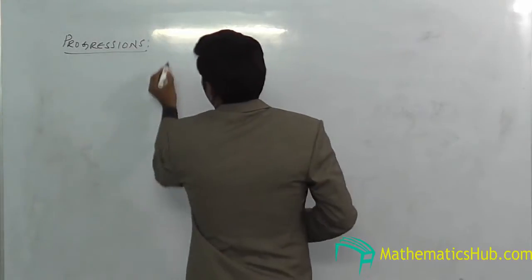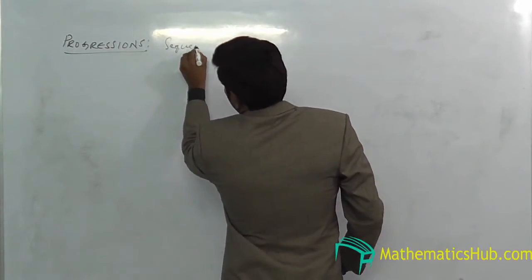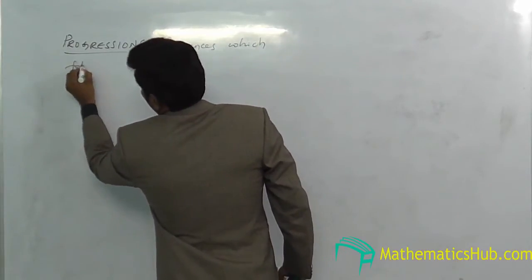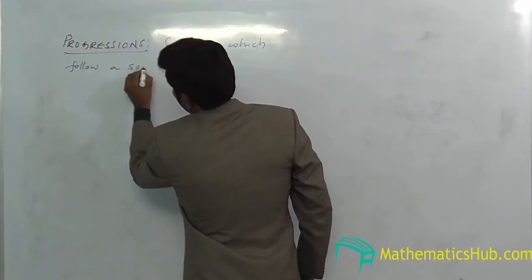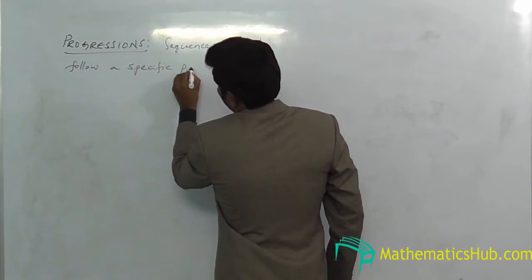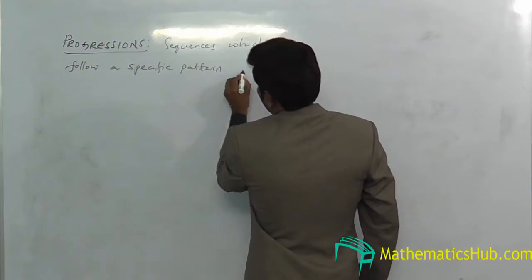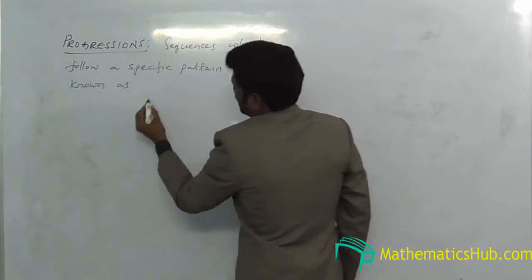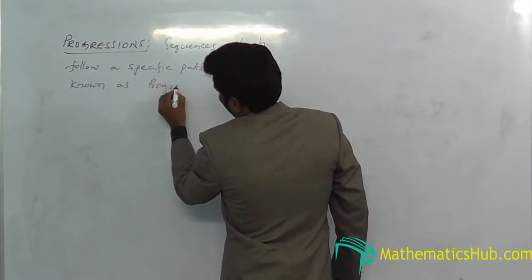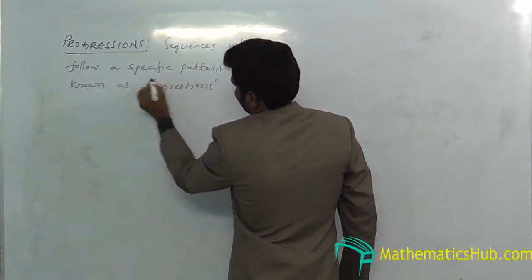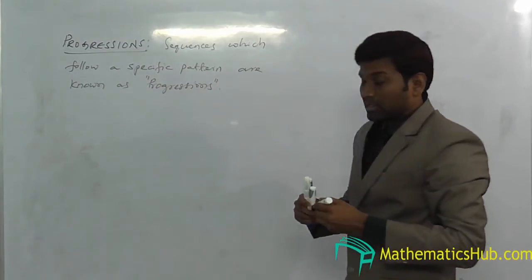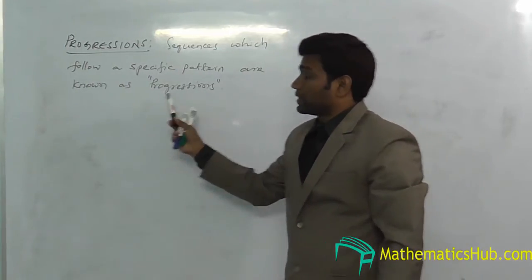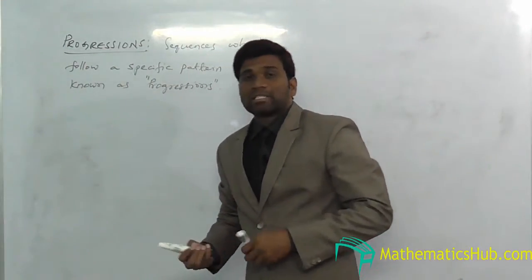Progressions: sequences which follow a specific pattern are known as progressions. So what are progressions? Sequences which follow a specific pattern are known as progressions. Now we will see some examples.